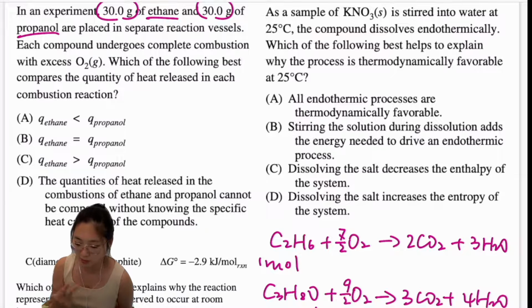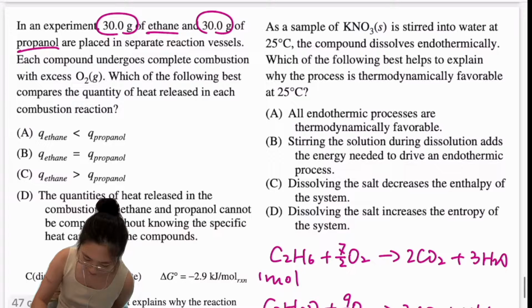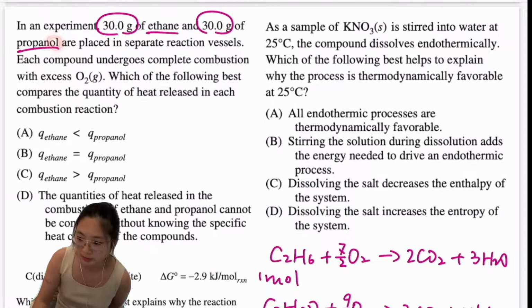Methane, ethane, propane, butane. I don't think you need to memorize anything larger than butane. That's 1 carbon, 2 carbon, 3 carbon, 4 carbon. And anything that ends with OL means it's an alcohol, so it has that alcohol group, OH.